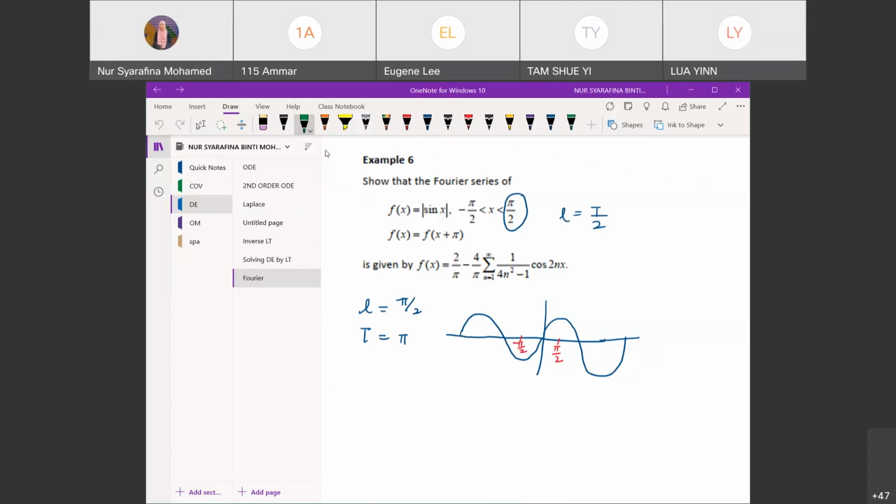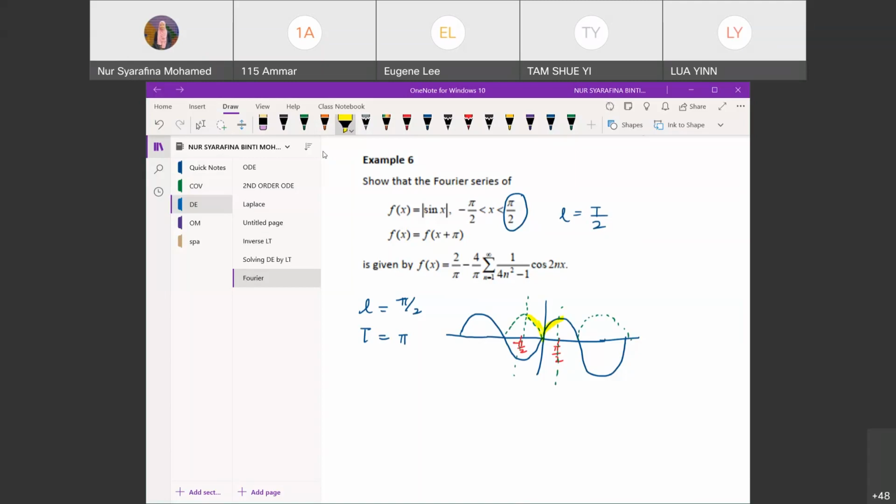So what the modulus does is reflect the negative values to positive, right? So the shape of the graph within this range is this shape.